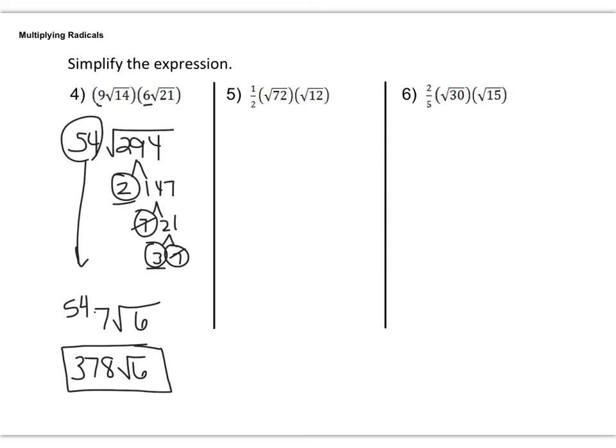All right, number 5. So the only outside number I have is the half. And then we multiply inside, so we'll do 72 times 12, which is 864. Factor tree, I know that is 2 and 432. Okay, and then we'll do the 432, which is going to be 2 and 216.